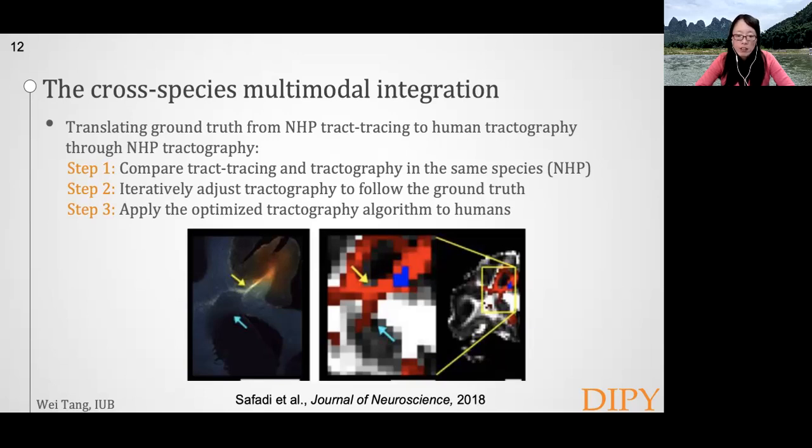In this case, we can look at both in non-human primates. We can rule out cross-species differences and focus on the discrepancies caused by methodological differences. We can then try to reproduce the tract tracing results by adjusting the modeling and tractography algorithms. Finally, with the adjusted algorithms, we can explore the homologous pathways in the human brain without being confounded by the methodological discrepancy.